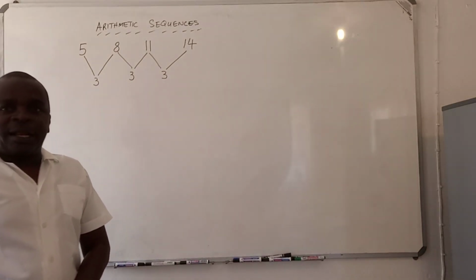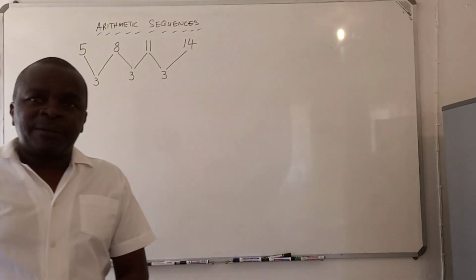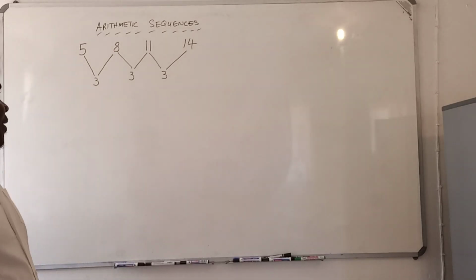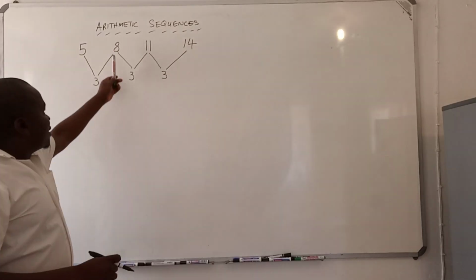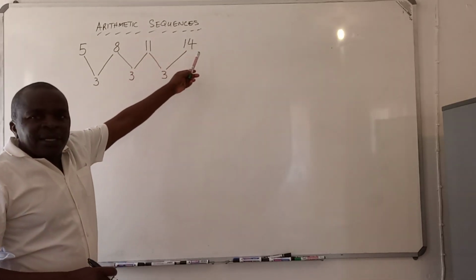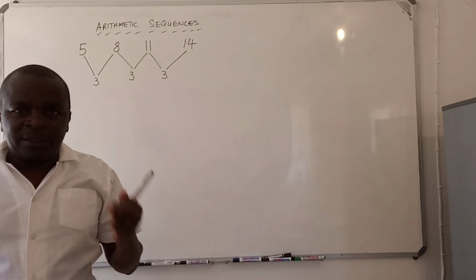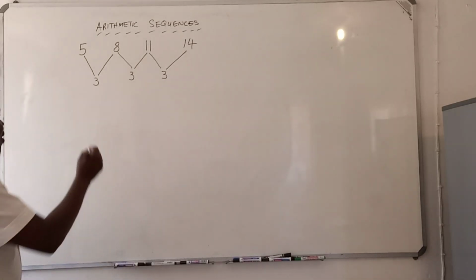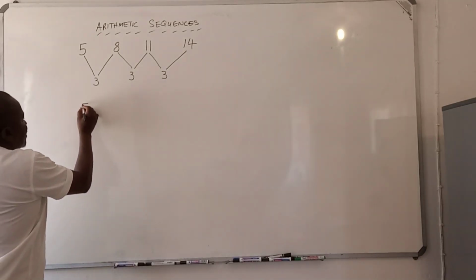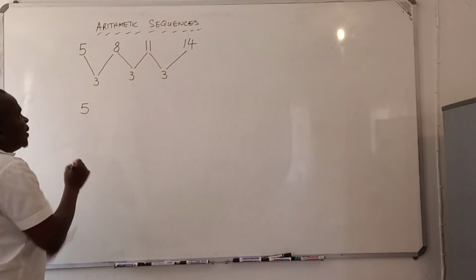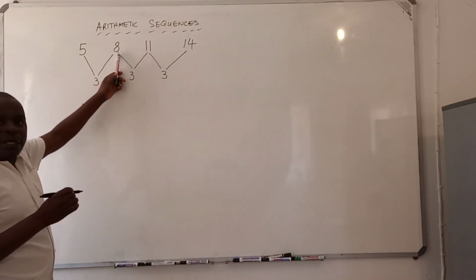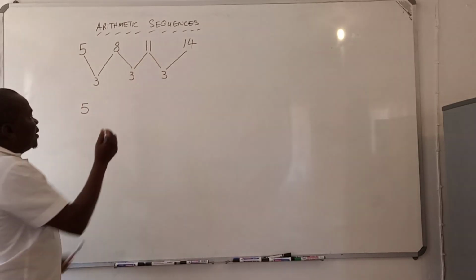For us to generalize this sequence, I am going to rewrite these 3 terms here in terms of 5 and 3. Now our first term is still 5, but this 8 here, I'm going to write it as a sum of 2 numbers.